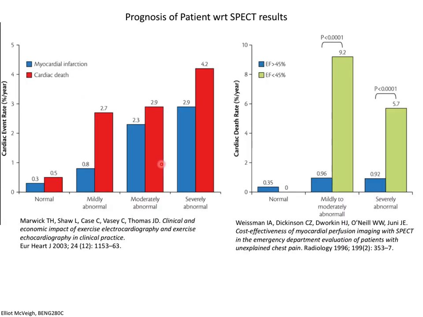I'm going to only briefly talk about this, but the interesting thing is if you're mildly abnormal, moderately abnormal, or severely abnormal on a SPECT scan, the rate of people in these boxes that have cardiac events jumps up, obviously, for those that have the positive scan.